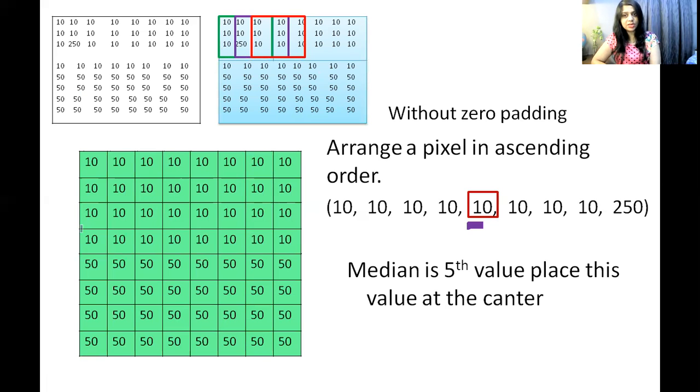In the final image you can see that this is all 10, and here all 50, and you can see that the 250 is removed. That 250 was a white pixel on the black or very dark gray area, which was salt and pepper noise, and it is removed by using median filtering.